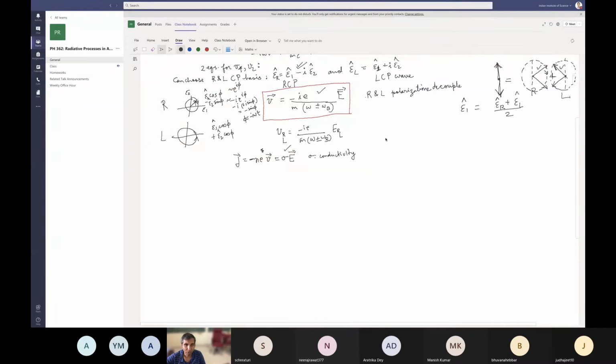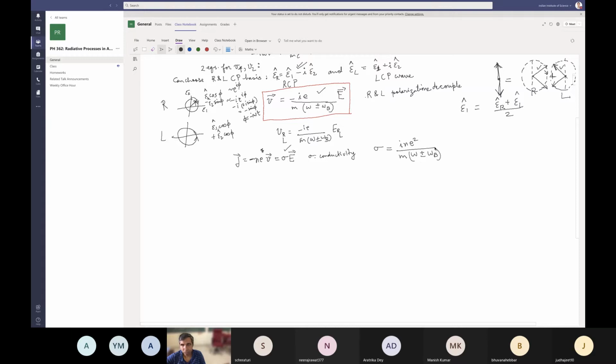So what do we have? You have sigma is equal to i n e squared by m, omega plus minus omega B.